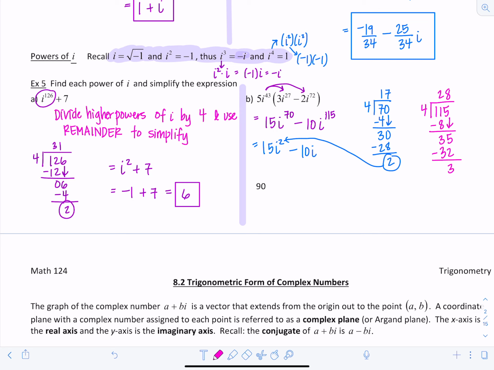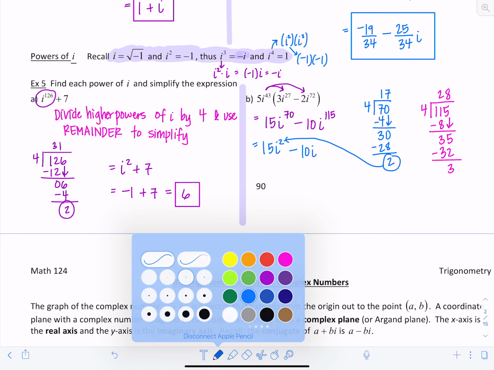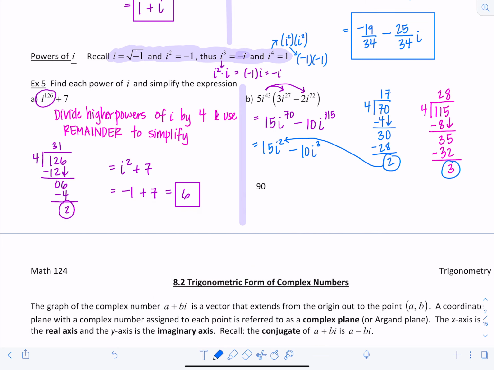So this is i cubed. Okay, well, I know i squared is negative 1, so I have 15 times negative 1 minus 10 times i cubed, which is negative i. So I'm left with negative 15 plus 10i.